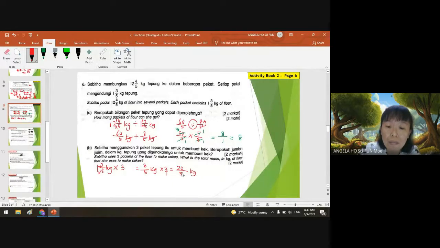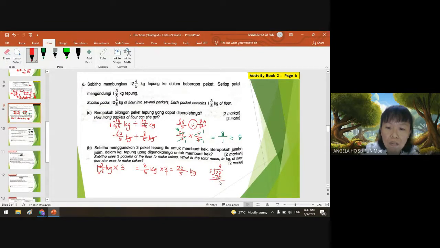Once again, improper fraction, I'm going to divide. So this skill is very important: how to change improper fractions into mixed number and how to change mixed number to improper fractions. This one you have to know. If not, a lot of fractions problems you cannot solve. So you can see from here, 5 times 4 is 20.